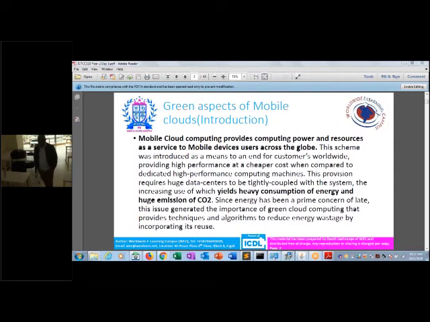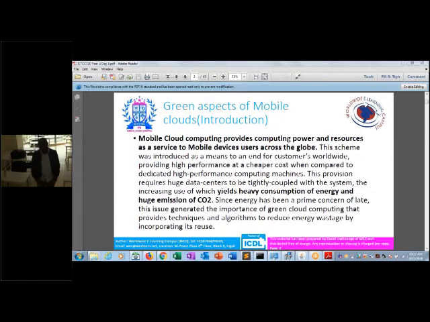Now, this cloud infrastructure emits CO2 gases and consumes a lot of energy, electricity or whatever.